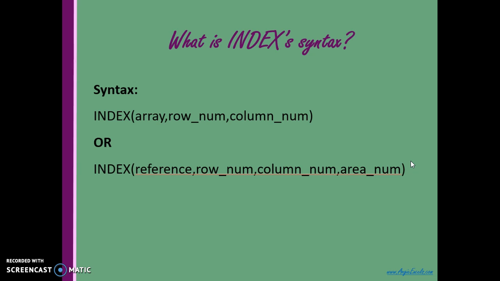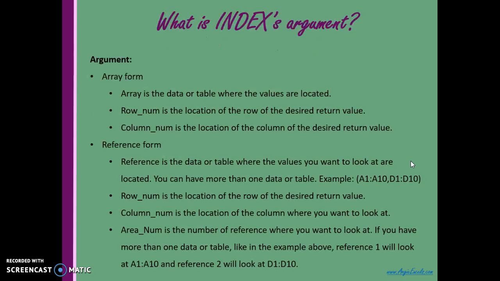The rule of thumb to understand how this function works is to understand what each component means. In the array form, array is basically your data or your table where your values are located. For example, with a phone book, if somebody asks you what is so-and-so's number, you go to your phone book or contacts list. That contacts list is your table, that's your data. Row num means row number.